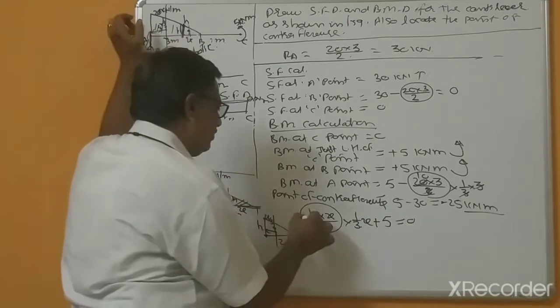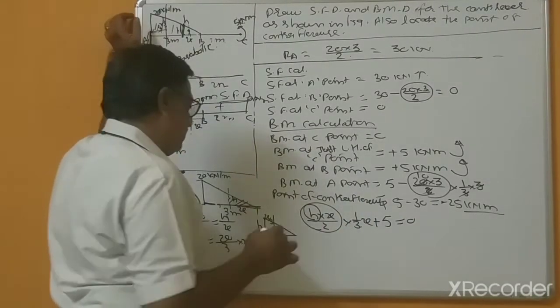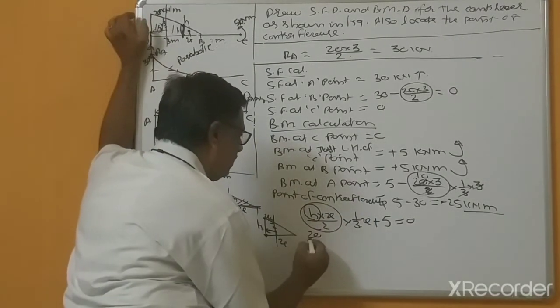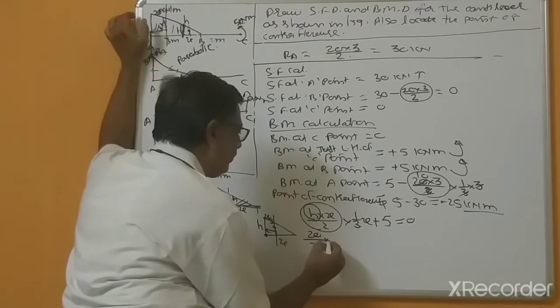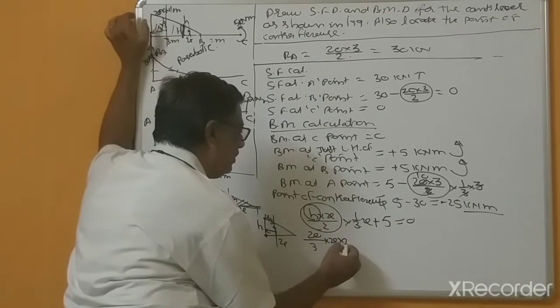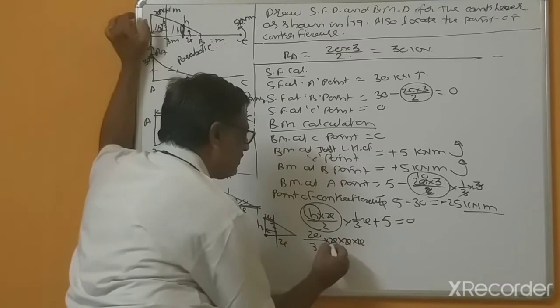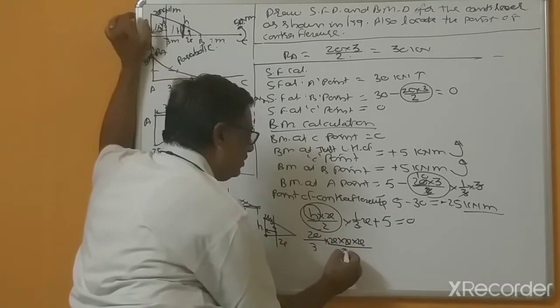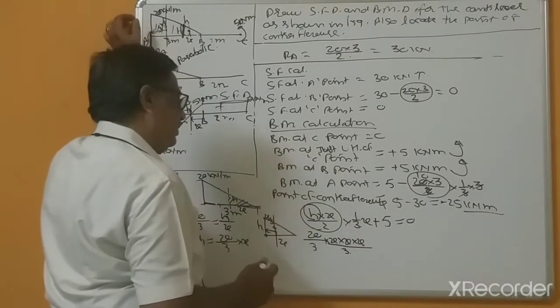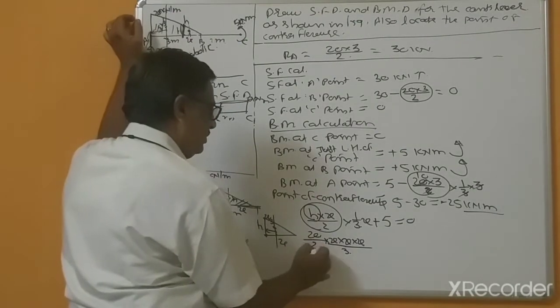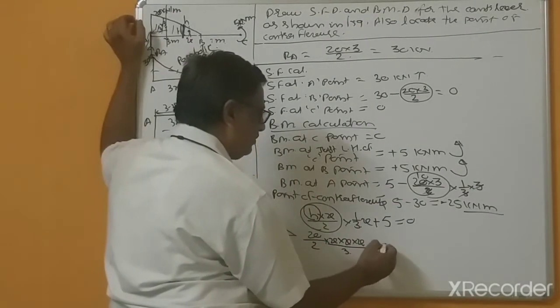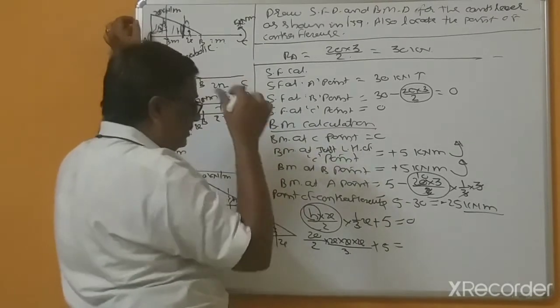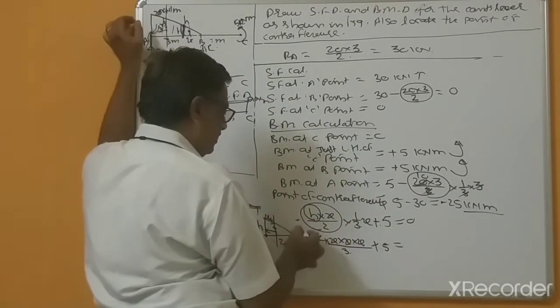Now h equals 20 by 3 into x multiplied by x, this is x divided by 3, and this is 2, plus 5, and this is minus, this is plus.